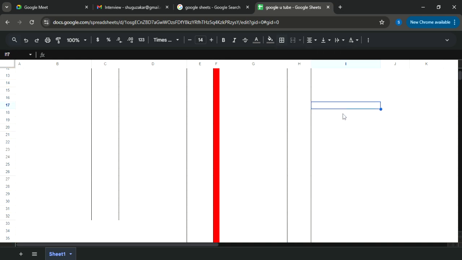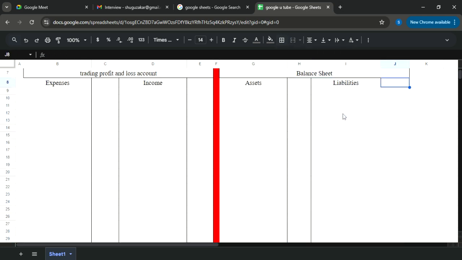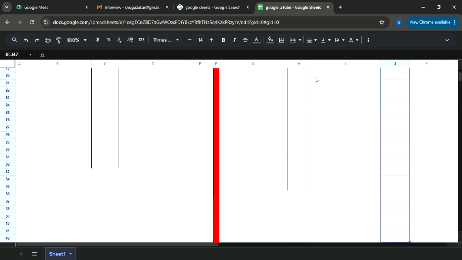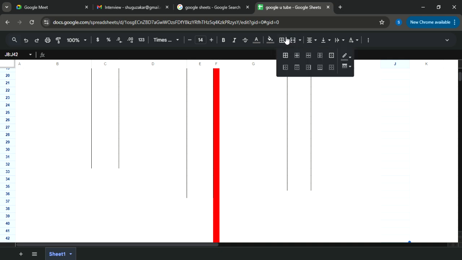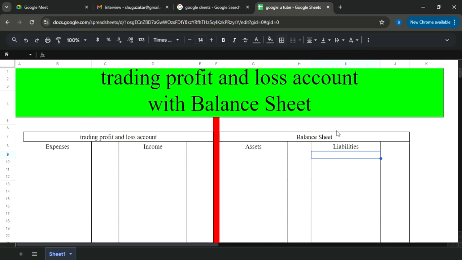And then finally, if in your question you have liabilities, details of those liabilities would be posted in this last column. Alright guys, now our proforma is ready.